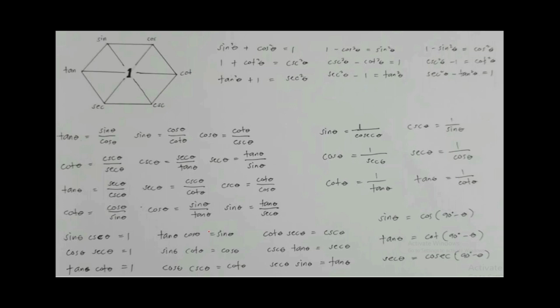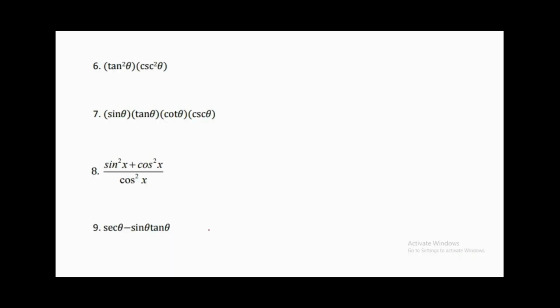Let's proceed with number 5. Okay, number 6, we have tangent squared theta times cosecant squared theta. So tangent squared theta is sine squared theta over cosine squared theta times cosecant squared theta, which is 1 over sine squared theta.